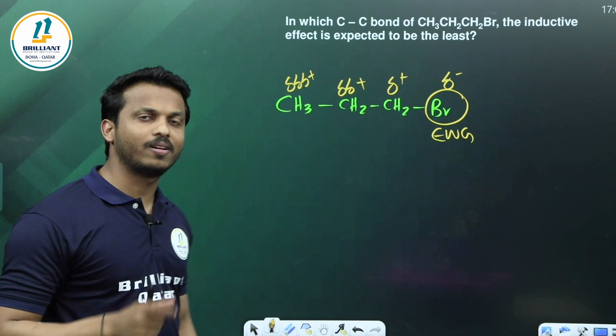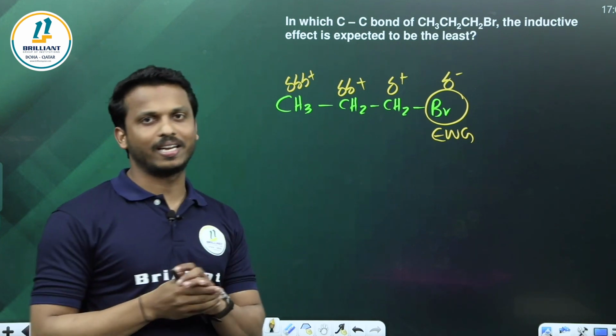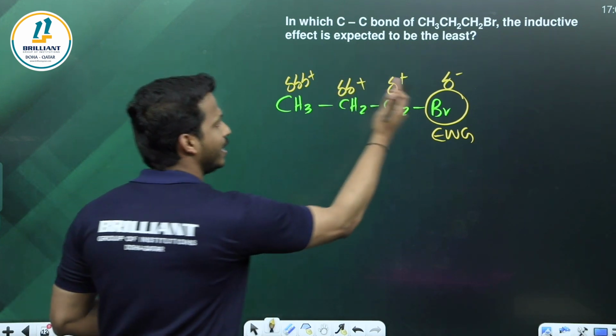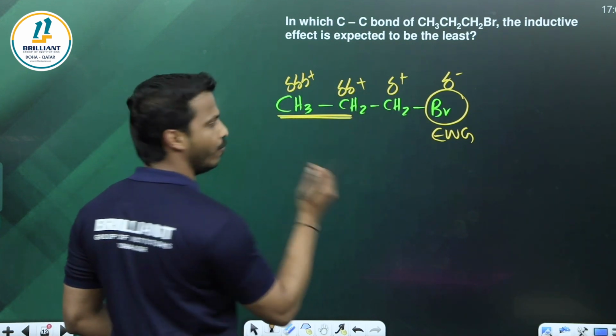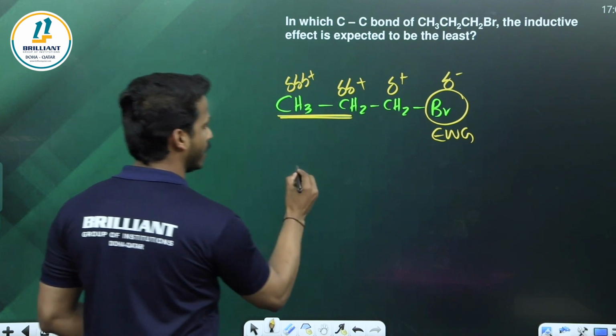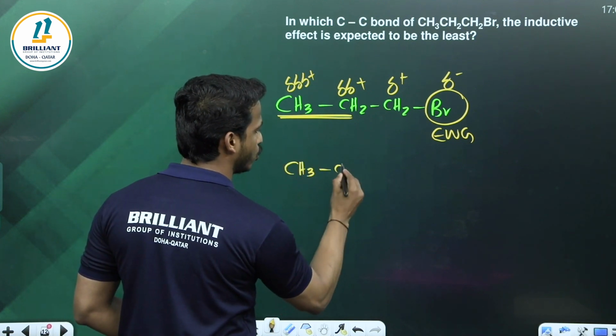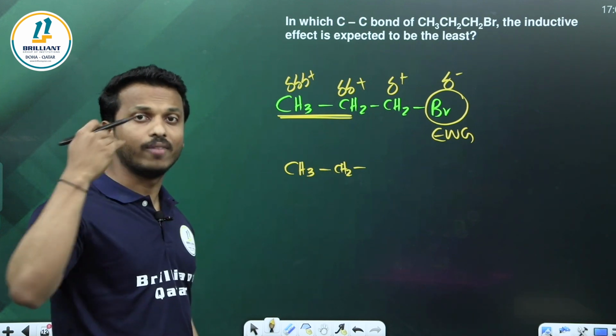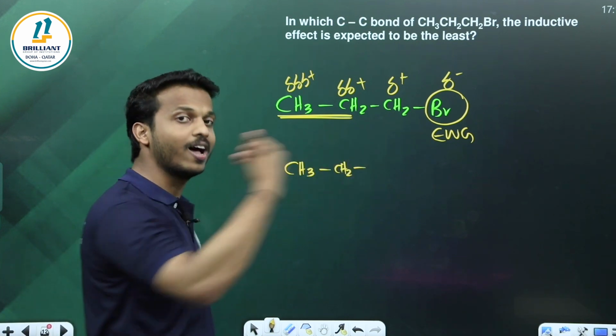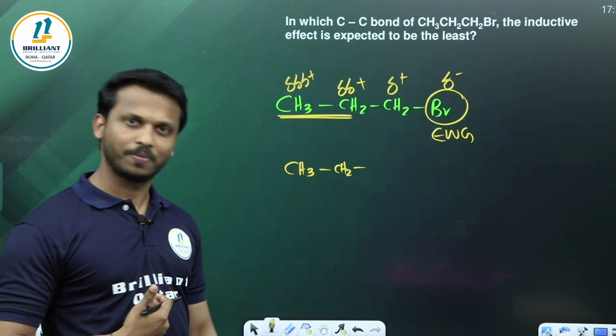Which carbon-carbon bond has the least inductive effect? As the distance from the group increases, this effect decreases. So the weakest inductive effect is in the CH3-CH2 bond, because it is far away from the group attached. Clear all?